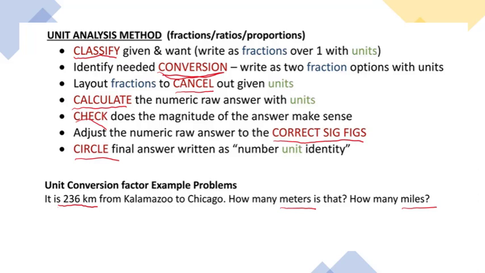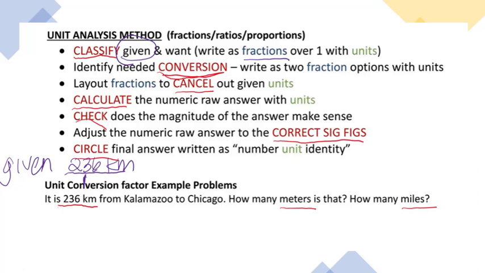So let's write down what we're given, and we are given 236 kilometers. And we're told to write fractions. Now you can leave this as 236 kilometers just as is, or we can write it as a fraction, and a whole number over a fraction is just over 1. So we can do either.